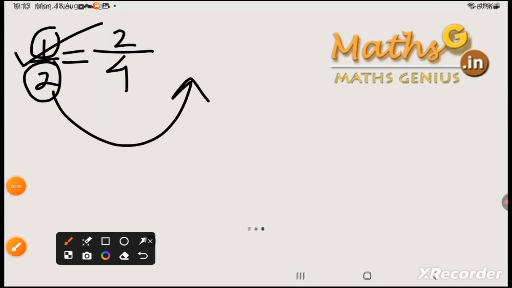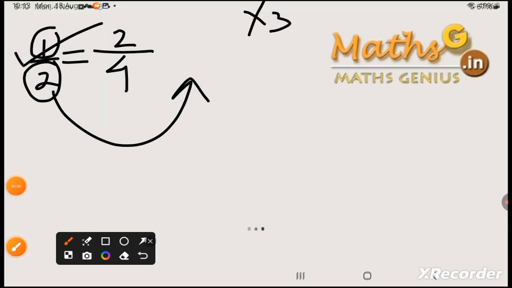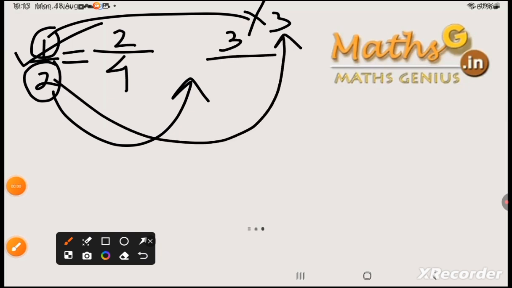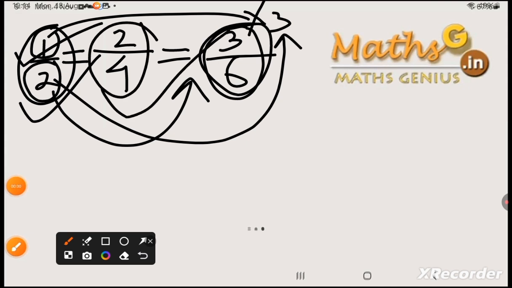Again let's try multiplying with 3. So 1 multiplied by 3 is 3. 2 multiplied by 3 is 6. Is 3 by 6 equal to 1 by 2? Yes. Is 3 by 6 also equal to 2 by 4? Yes.